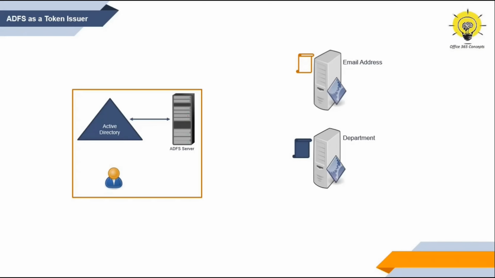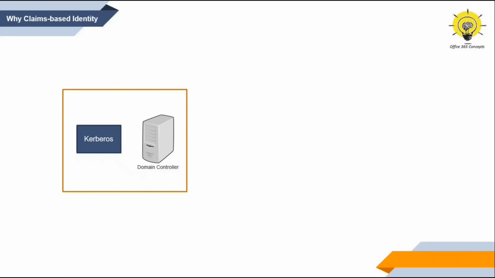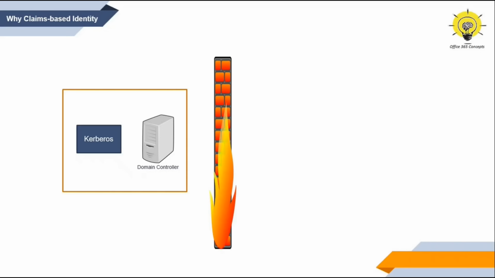Now let's understand why you should choose claims-based identity. Kerberos can't authenticate the users who are in a different realm because the domain controller is guarded by the firewall. And if you are working externally, you are expected to use a virtual private network or VPN to access the corporate network.